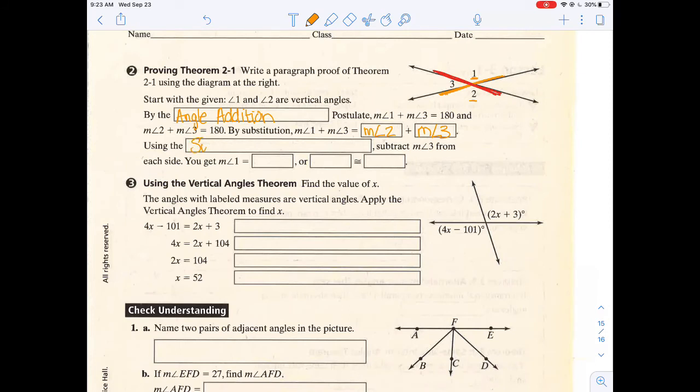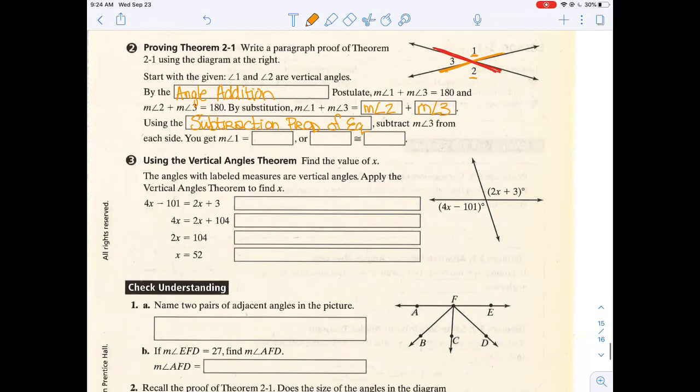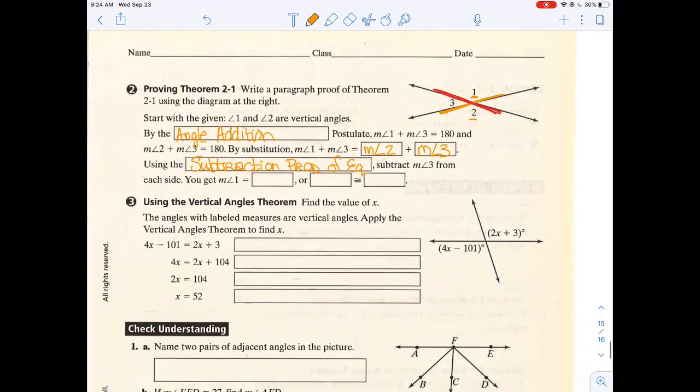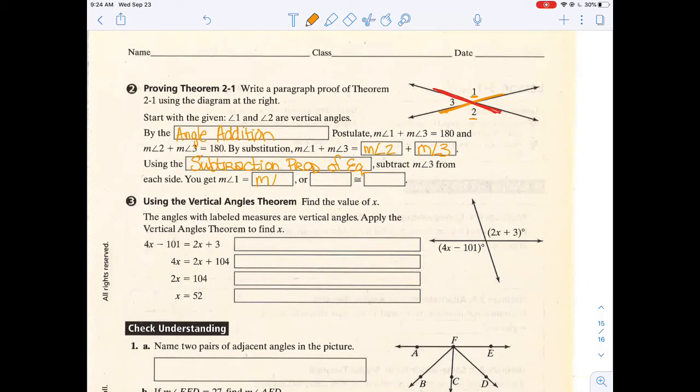Using the subtraction property of equality, subtract the measure of angle 3 from each side. You get the measure of angle 1 equals the measure of angle 2, or angle 1 is congruent to angle 2. So we just proved for sure that vertical angles are congruent.